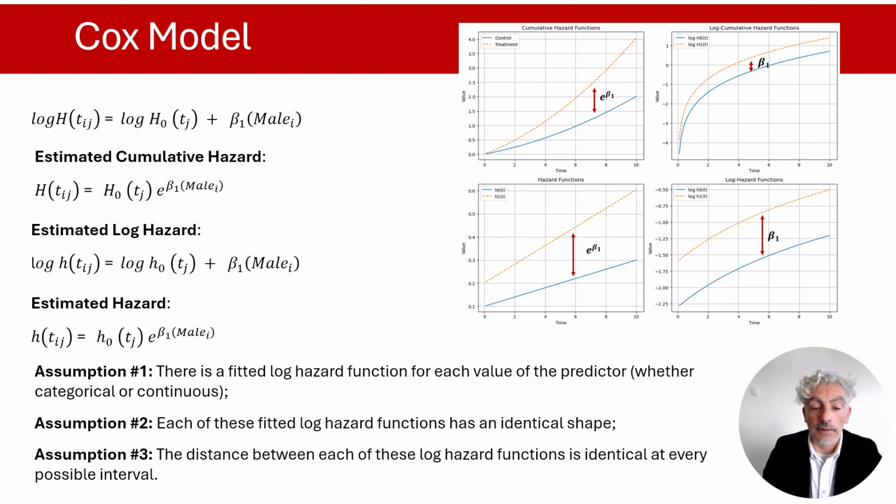And then I have written the model in terms of the estimated cumulative hazard function, but also in terms of the estimated log hazard function, the lowercase h, and in terms of the estimated hazard function. And the model is basically the same, even when we start from estimating it on the log cumulative hazard function, we get the same coefficients and the same relationships between the different types of estimates that we are obtaining.